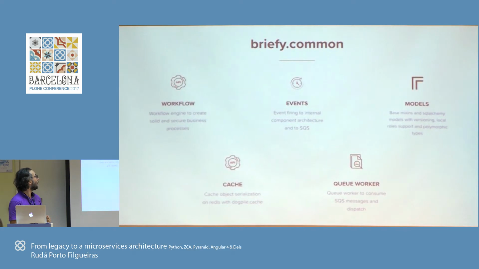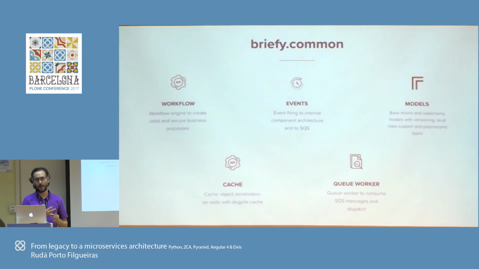So just going into details, Briefy Common. The workflow engine I mentioned, events, the base models, also with versioning and local roles. We created a really special way to define local roles and to create these attributes dynamically in the models.